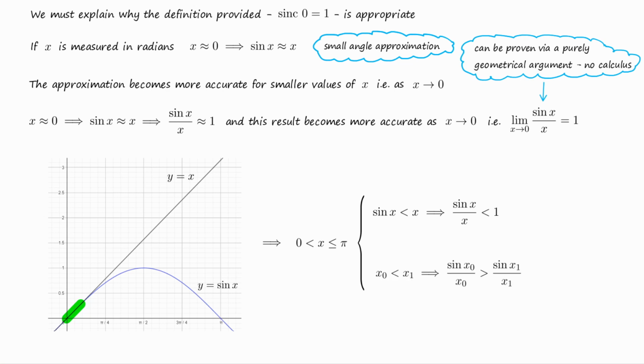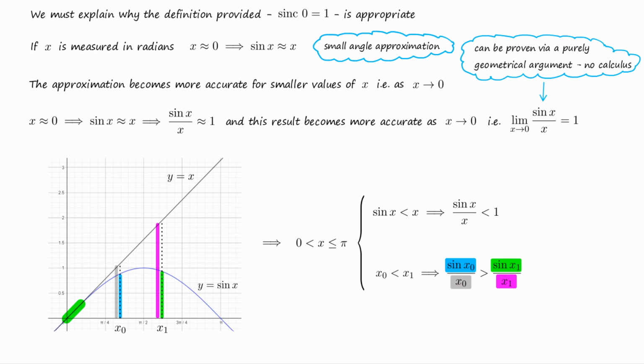In addition, we can see from the graph that if x sub 0 is less than x sub 1, then sin x sub 0 over x sub 0 is greater than sin x sub 1 over x sub 1. So if we look at this particular value of x sub 0 and this particular value of x sub 1, then the blue line indicates sin x sub 0, the grey line indicates x sub 0, the green line indicates sin x sub 1, the purple line indicates x sub 1.